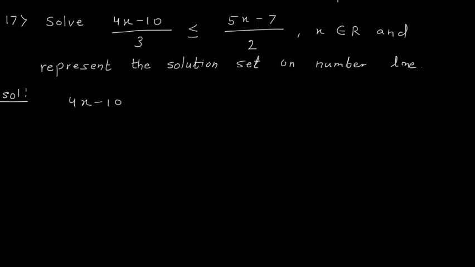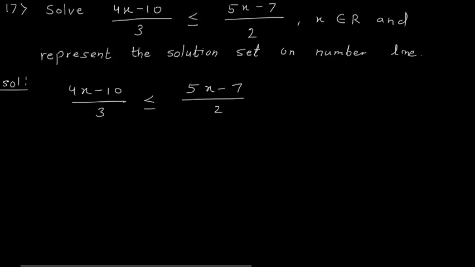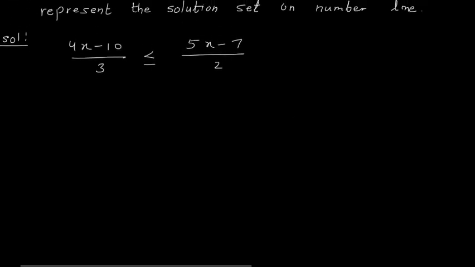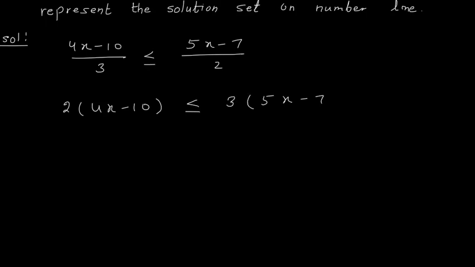What we do here is cross multiply, or multiply both sides by the LCM of the denominators, that is 6. So I will get 2 into (4x minus 10) less than or equal to 3 into (5x minus 7).